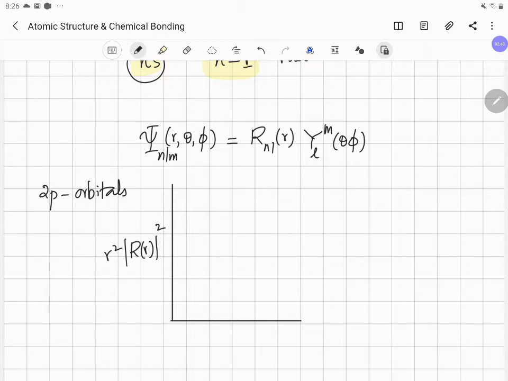So this is the probability density versus r for the 2p atomic orbital. It looks like this, similar to the 1s atomic orbital, but with a small change: its most probable distance is higher than that of the 1s atomic orbital.